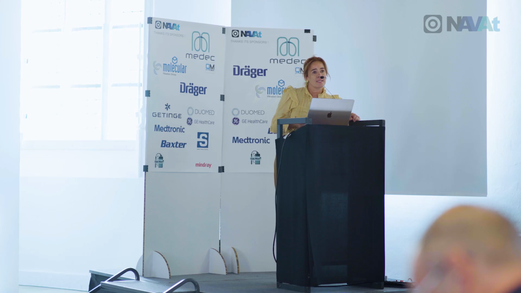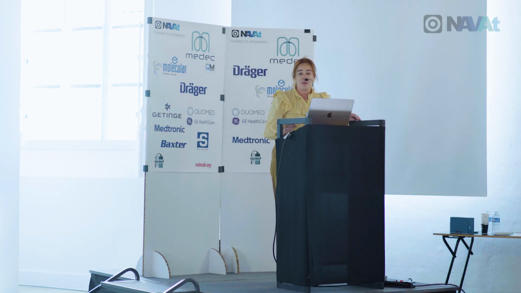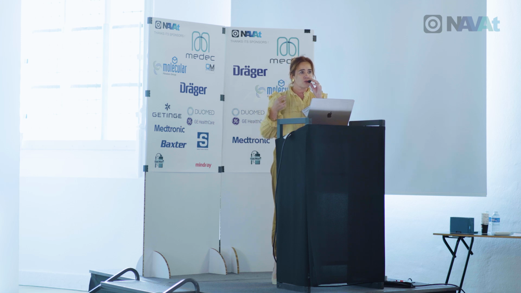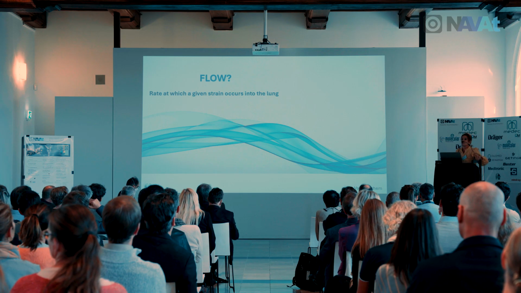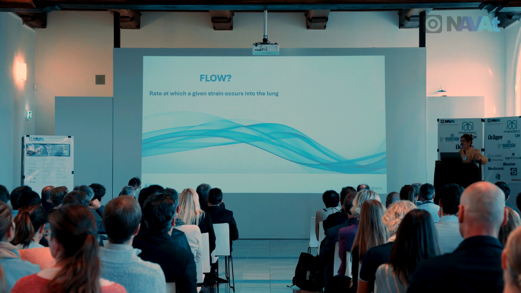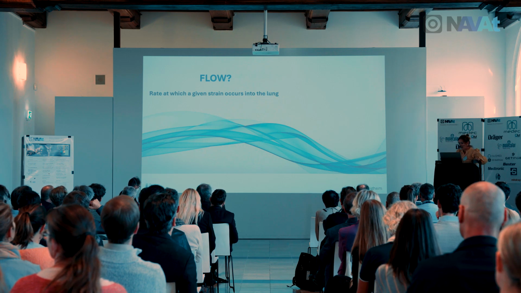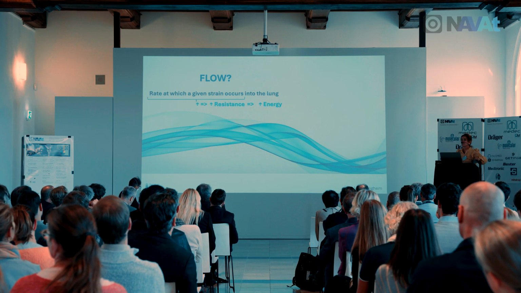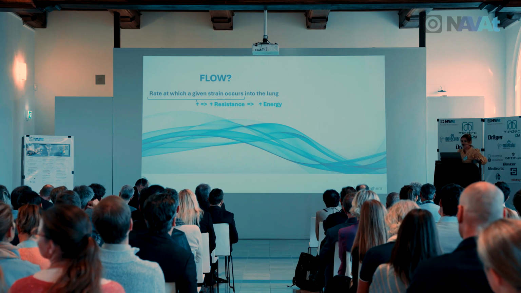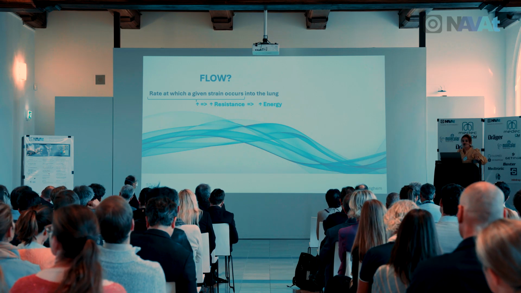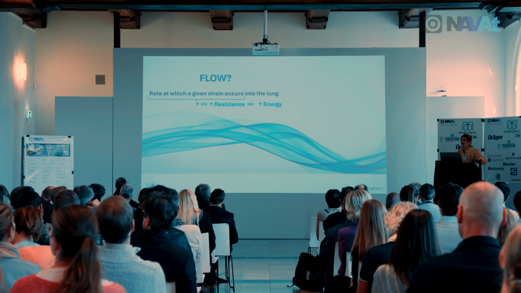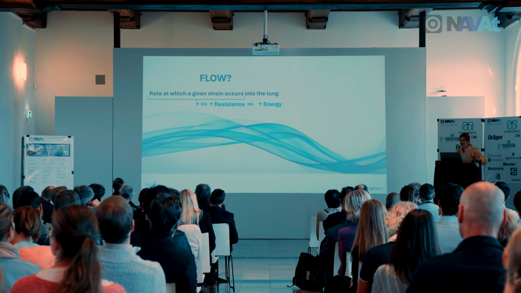But pretty recently, another culprit has been identified, and its name is high flow. Now, when we talk about flow, what do we actually mean? We can define flow as the rate at which a given strain, a given deformation, into the extracellular matrix of the lung occurs. The higher the rate of strain, the higher the rate of administering tidal volumes to your patients, the more the resistance will be and the more energy will be required to overcome that resistance.